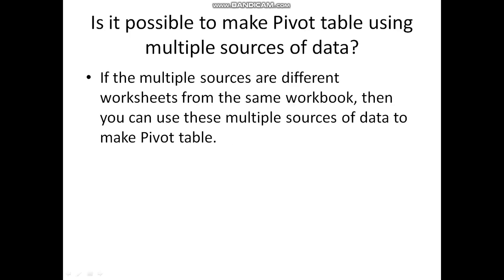Is it possible to make a pivot table using multiple sources of data? If the multiple sources are different worksheets from the same workbook, then you can use these multiple sources of data to make a pivot table.